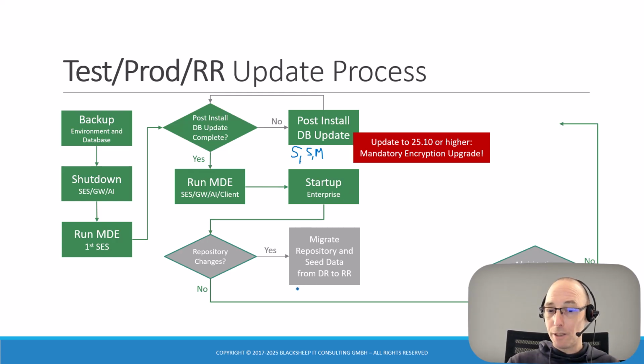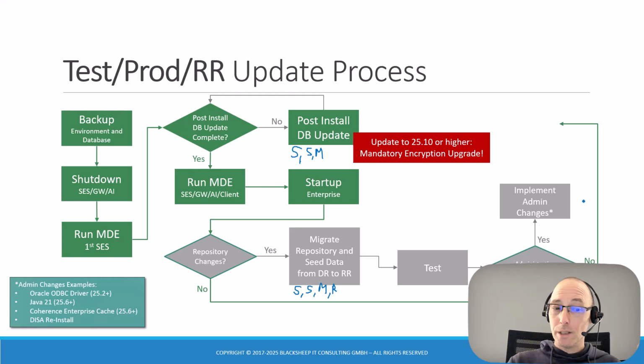The migration application has to take care of the schema changes, of the seed data changes, of the manifest changes, and the repository changes, and bring them into the RR database. That's what you have to understand about the repository upgrade. And then, of course, you have to test it. Siebel Test Automation would be a great addition here to your pipeline.